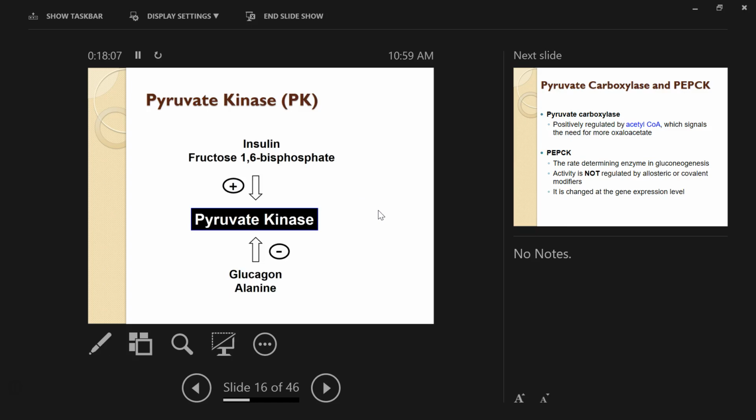So pyruvate kinase is relatively simple. It is regulated directly by insulin or the substrate fructose 1,6-bisphosphate. When insulin or fructose 1,6-bisphosphate levels increase, they stimulate pyruvate kinase to increase glycolytic pathways. And glucagon and alanine do the opposite. So glucagon basically is increased in fasting, right? So it decreases pyruvate kinase, and so decreases glycolysis activity.